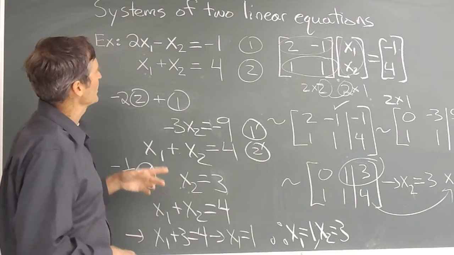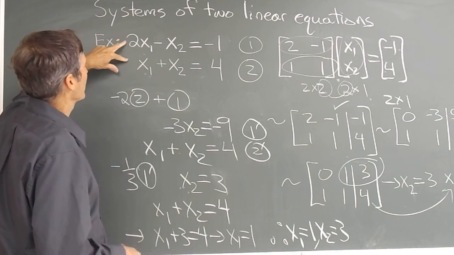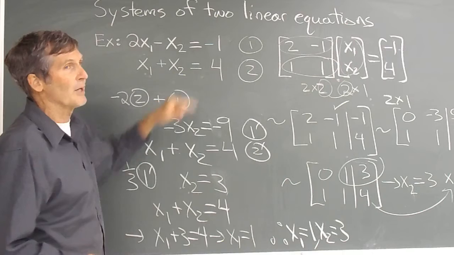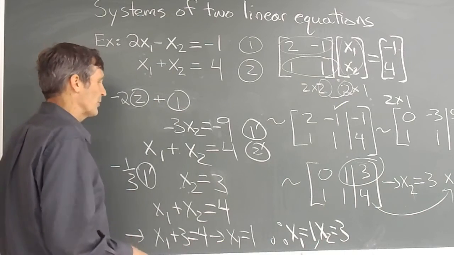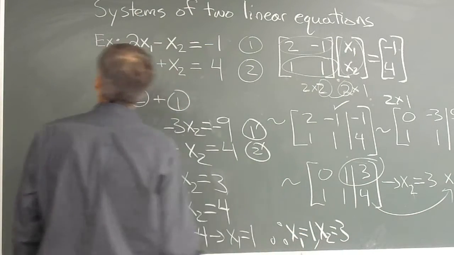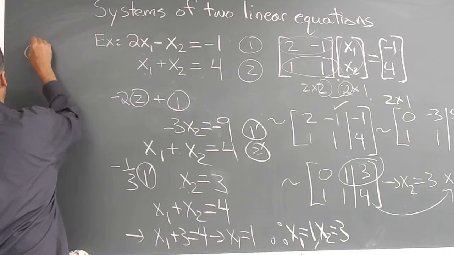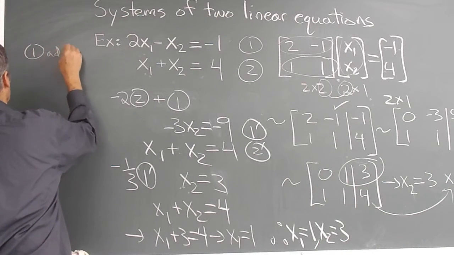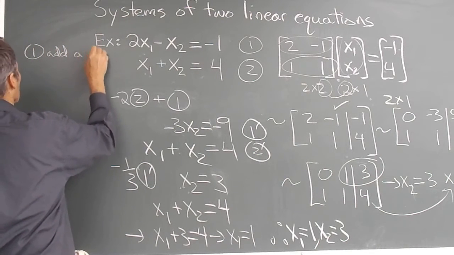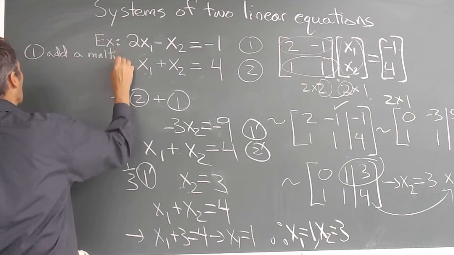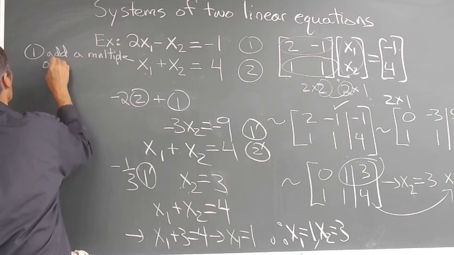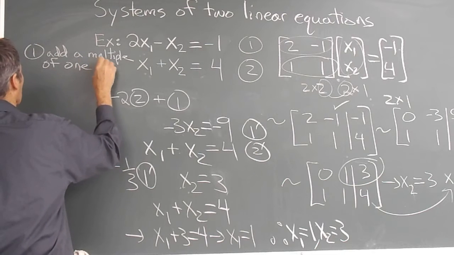There are two other operations you're allowed. You can interchange any two equations, and you can multiply any equation through by a non-zero number. So there are three elementary operations you can perform on these things. One, add a multiple of one equation to another, replacing the latter.